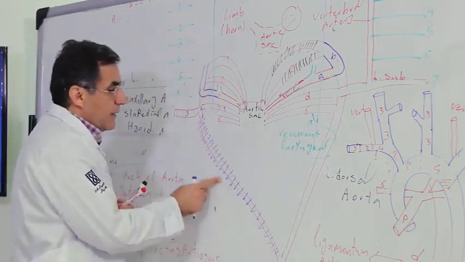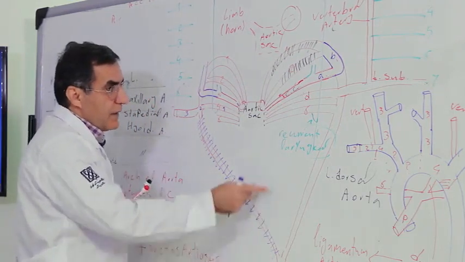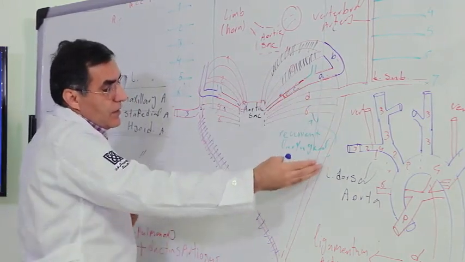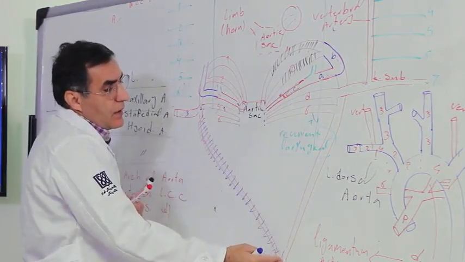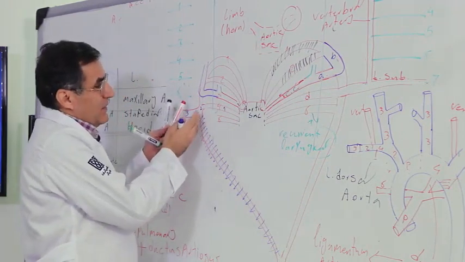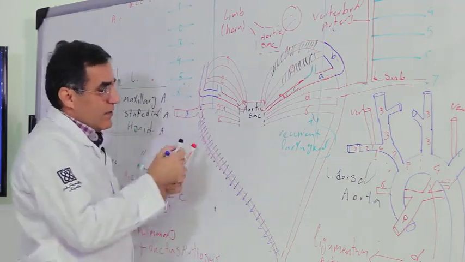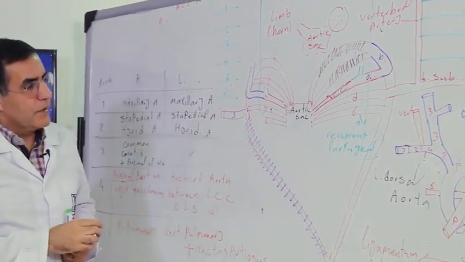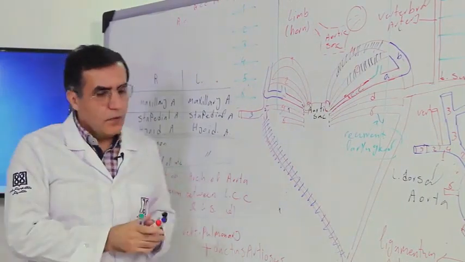This is an important change in the development of the arcs, and only the left dorsal aorta remains, and we have some changes in the position of some arteries, but totally this is important for aortic arch development.